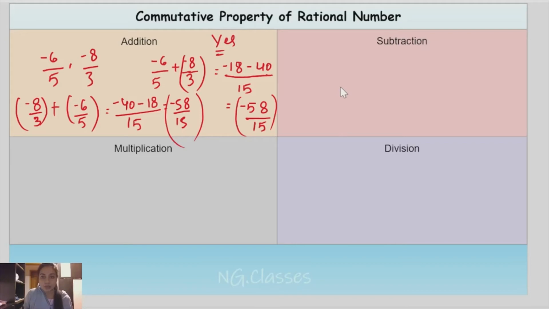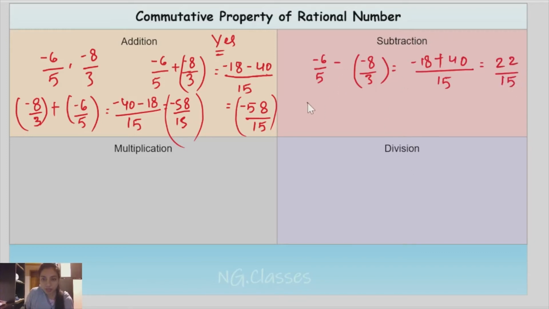Let's check for subtraction. Minus 6 by 5 minus 8 by 3. Subtract it. You will get 15, minus 18, here positive 40. So we'll get 22 by 15. Now change their place.